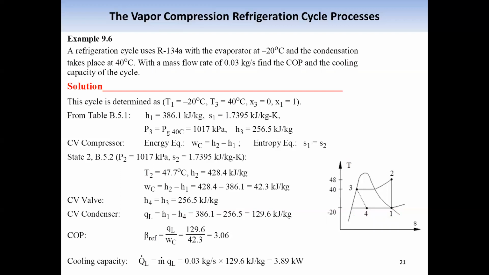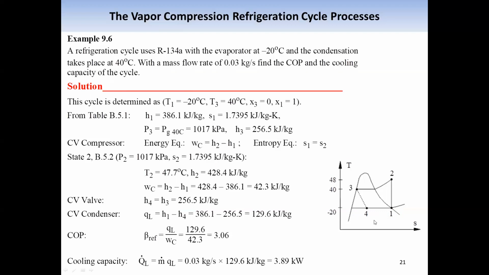Then we are asked to solve the flow state completely and then estimate the cooling capacity of the cycle. Cooling capacity means heat being absorbed at the low temperature reservoir.